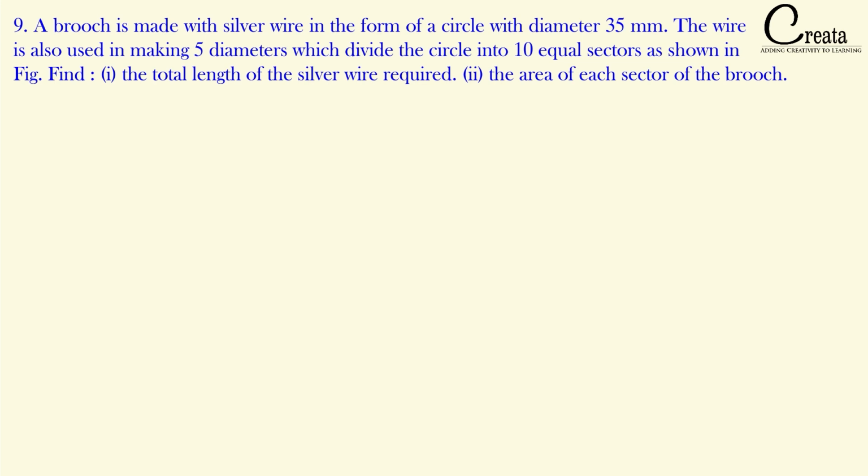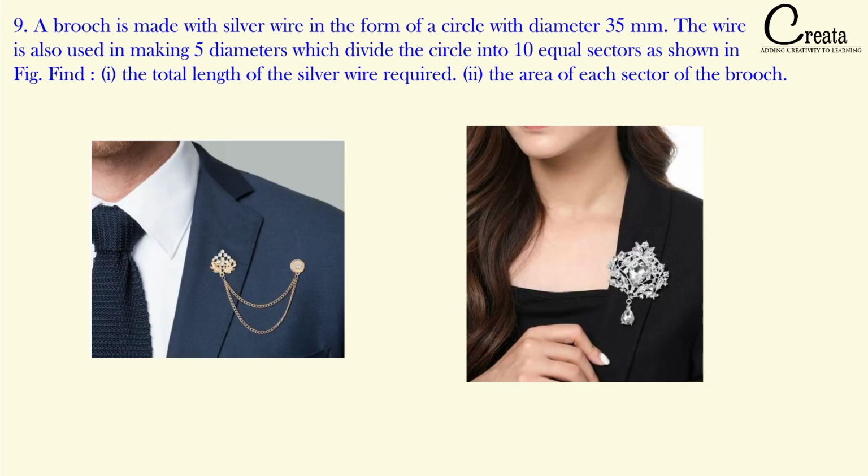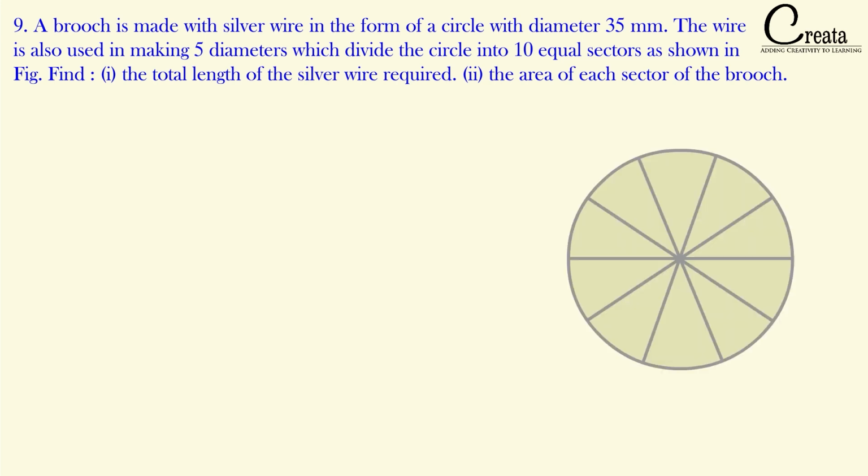Let's observe the question. In the question, a brooch is given. A brooch is a decorative pin that is used with the clothing. So in this question, a brooch is given which is made out of a silver wire, and the brooch is circular in form with the diameter of 35 mm. So this brooch is circular and the diameter is given as 35 mm.